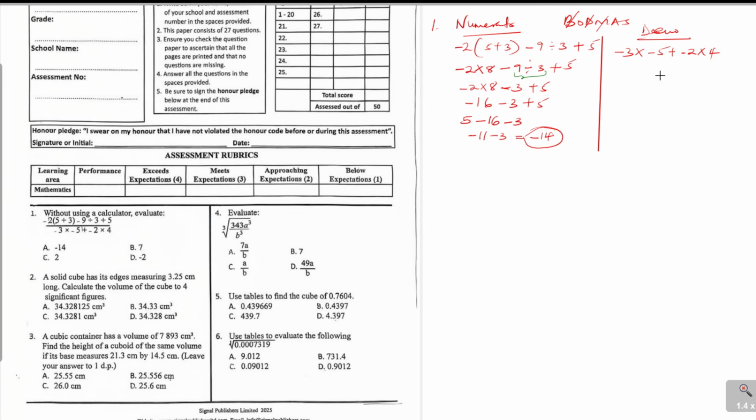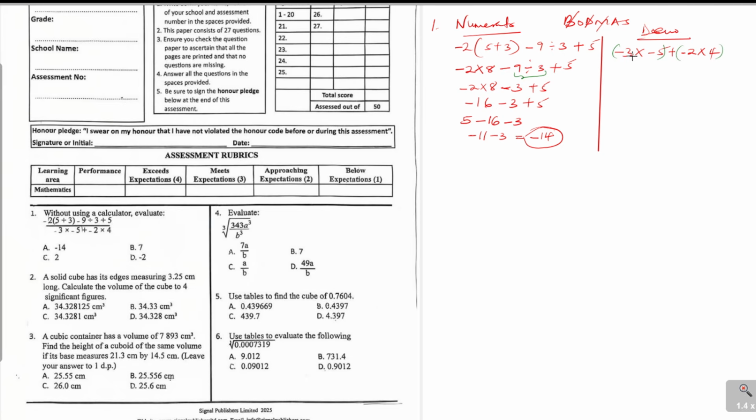We use the same rule, BODMAS. So multiplication, and then we go to addition. When you look at the signs that we have here, we only have multiplication. I'll just put the bracket to indicate that. So you have this multiplication, and then you're going to add.